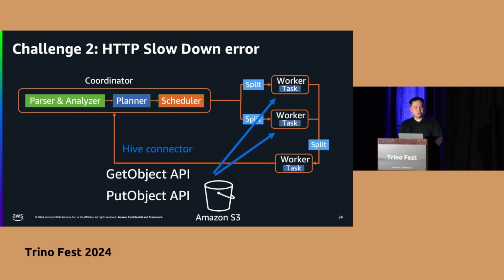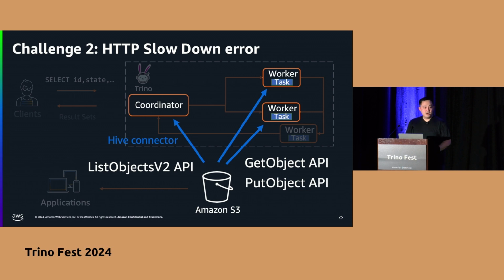Based on the information of the splits, the worker calls GET requests to Amazon S3. If the SQL statement is an INSERT or CREATE TABLE AS SELECT statement, PUT requests are called. As with the coordinator, if the worker reads more files, the number of GET requests increases.